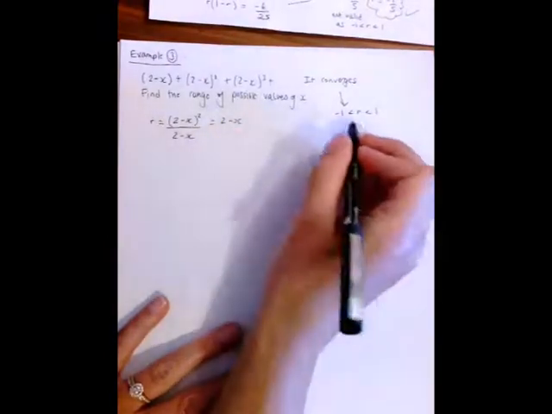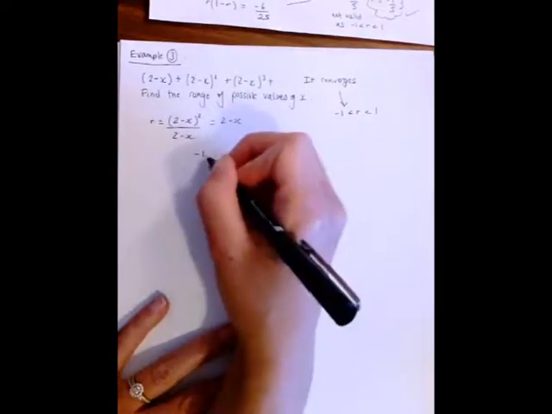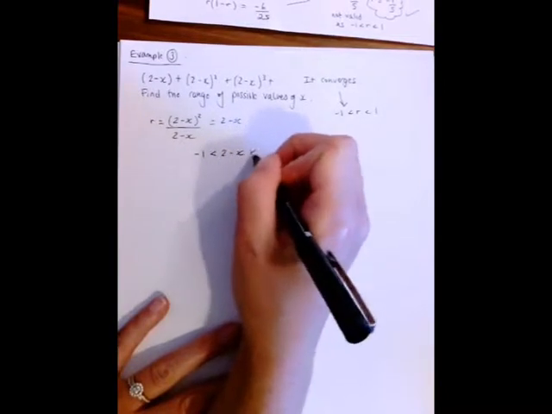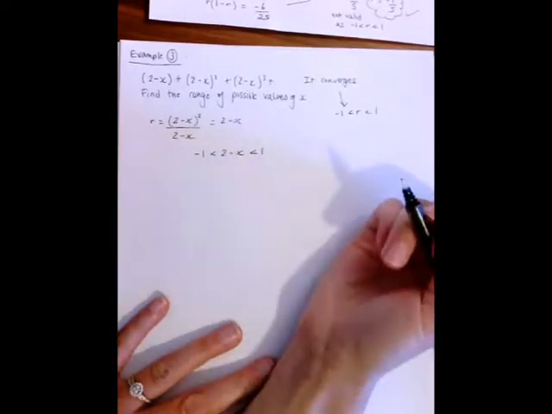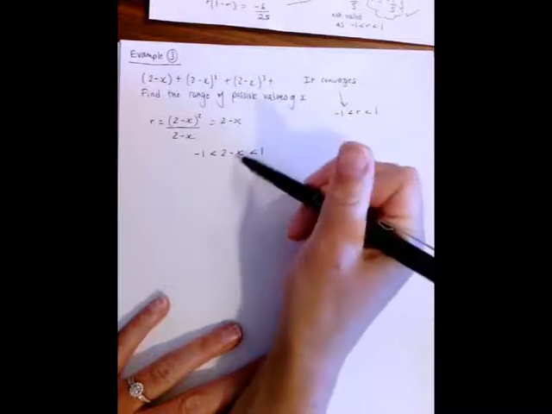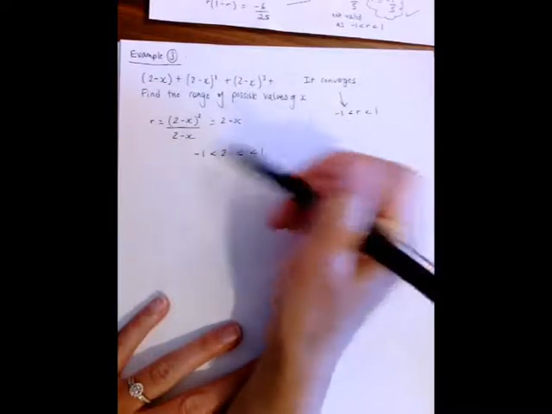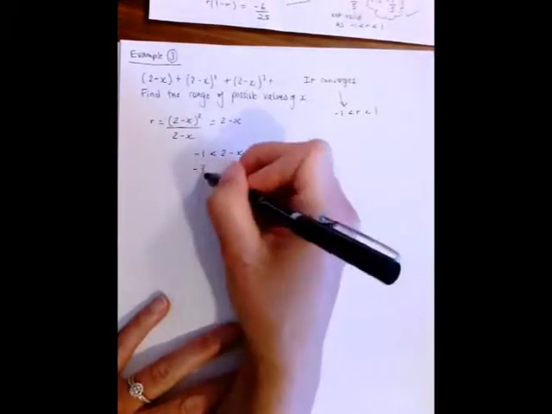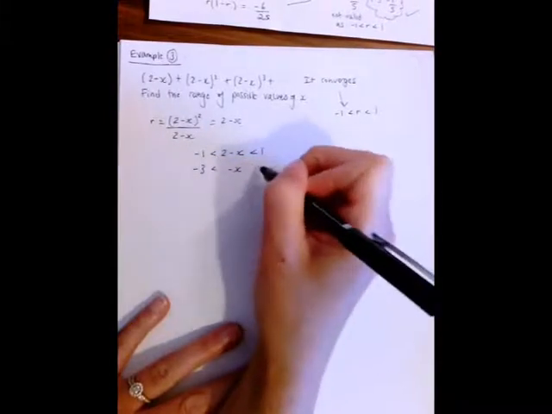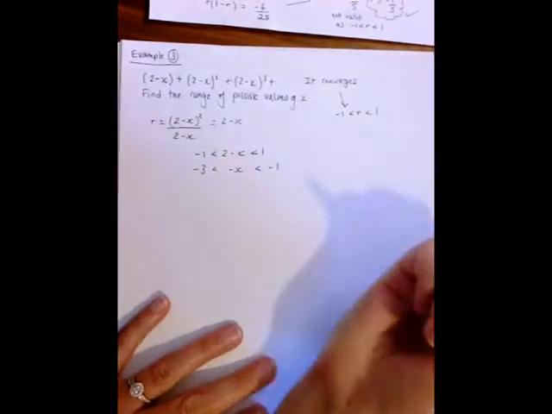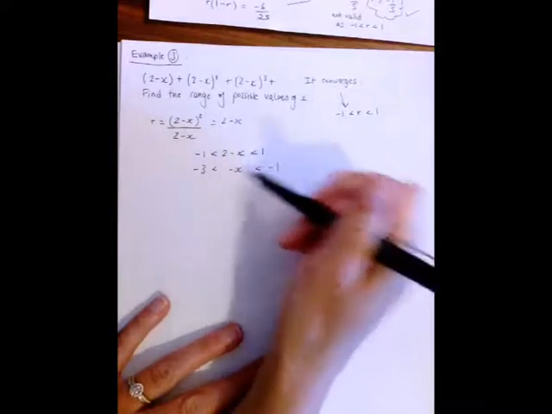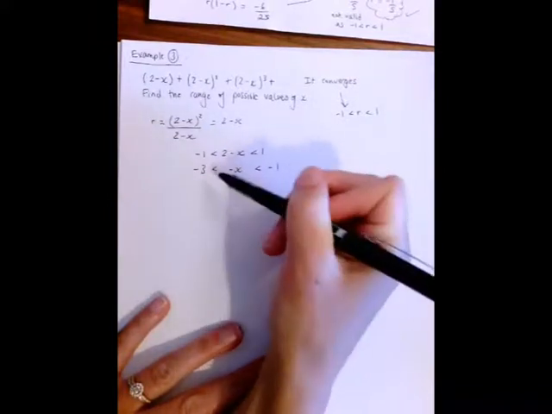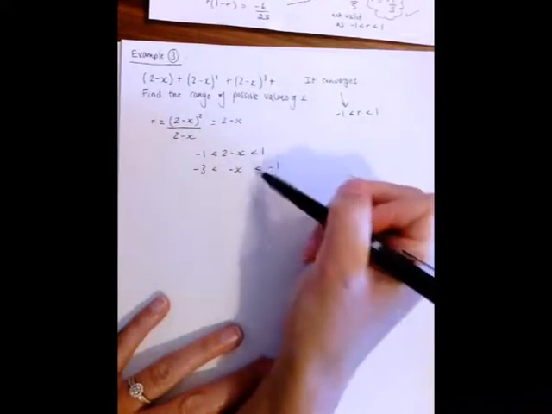Now since we know it's between -1 and 1, I could put this in between there. So then to find the values of x, I could first take away 2 from all parts, so -3 less than minus x less than -1. And then I need to multiply through by -1, but when you do that, the inequality signs do change.